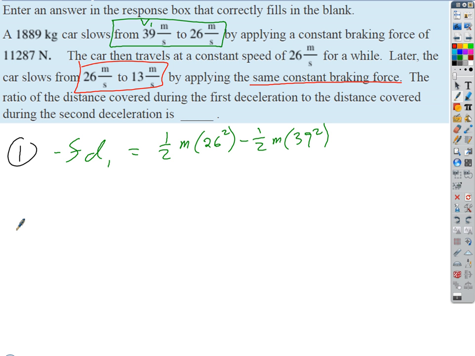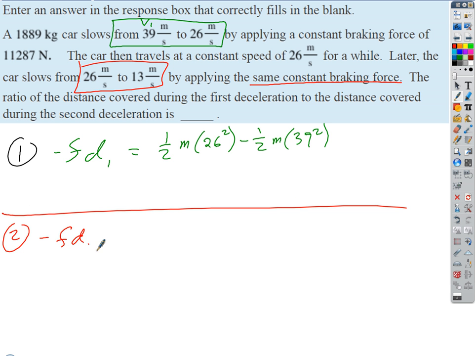So number two then here, we end up with, for the second situation, we get the same thing. Minus F, call it D2 this time, right? The work done by friction during the second slowdown is equal to 1/2 m times 13 squared minus 1/2 m times 26 squared, right?